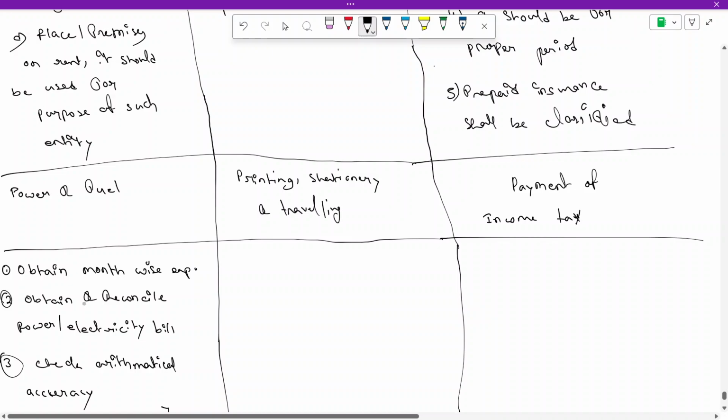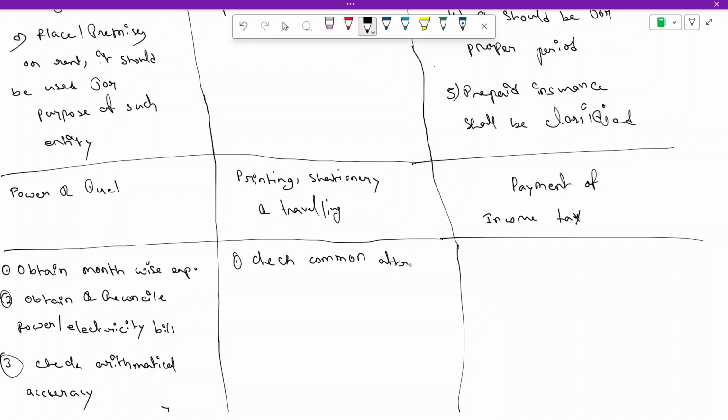For printing and stationery, check common attributes, which we discussed some minutes ago. Check common attributes discussed earlier.